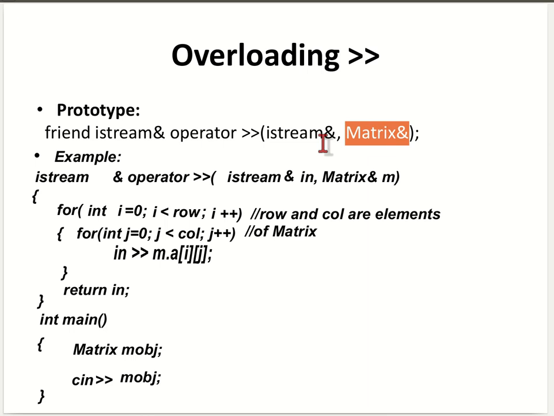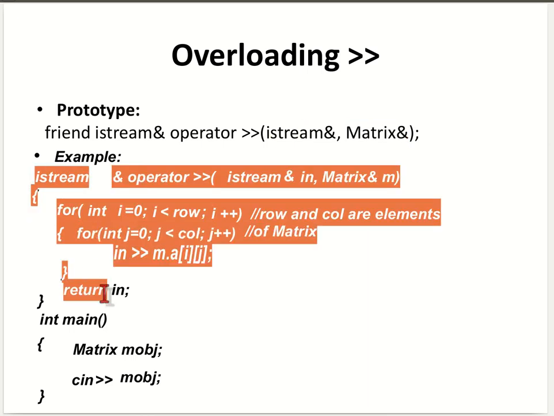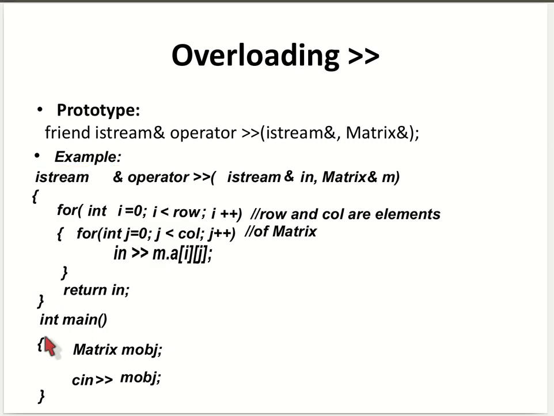So this is an example of this. Here I am creating an object of matrix type, and I am overloading the >> symbol.